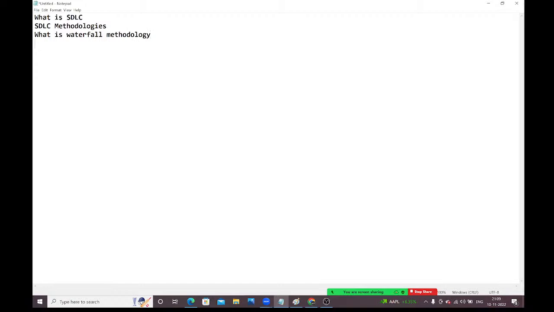How will the waterfall methodology work? What are the disadvantages with the waterfall methodology? And when can we choose the waterfall methodology? All these things we discussed in the last session.